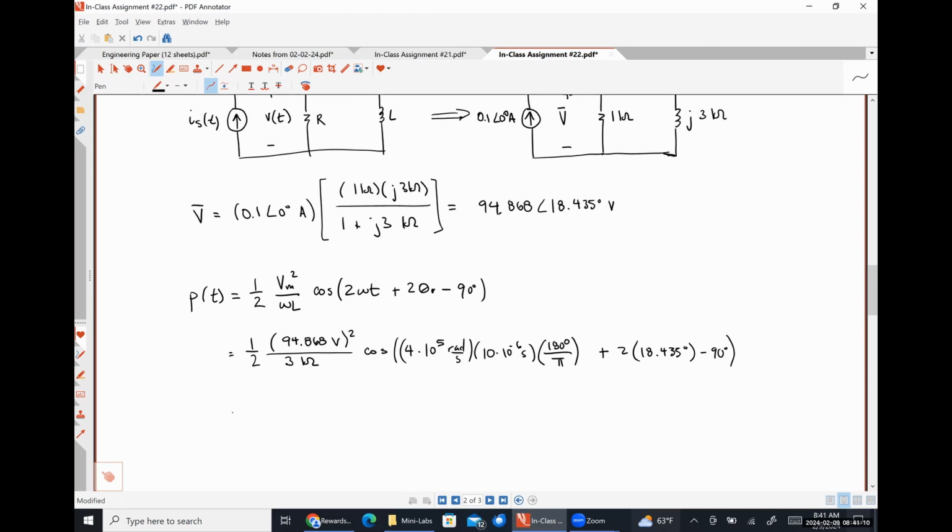Okay. So I'm going to do just that. I personally am going to break it up into 2 smaller parts, because this is a big, ugly thing to put in the calculator, and I don't want to make any mistakes. And for some of those Casios, they seem to run out of memory very quickly when doing long calculations. So I'm going to have 1/2 times the magnitude of what I have stored in my calculator as x squared divided by 3000.